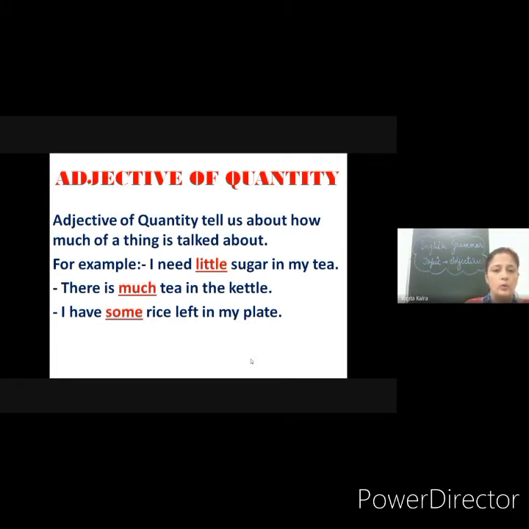So whatever is quantifying the rice, here some, is termed an adjective of quantity. I hope you have understood what an adjective of quantity is. It is used with the uncountable noun and it tells us how much of a thing there is.